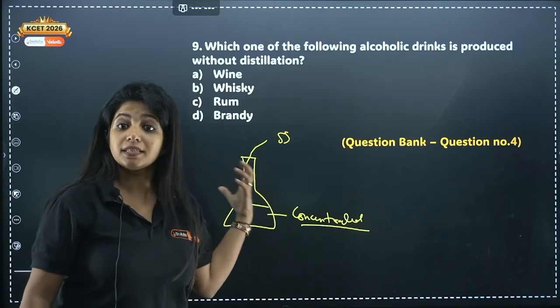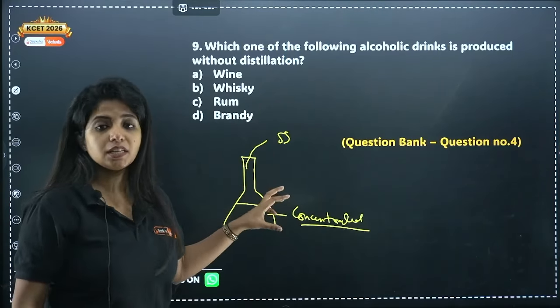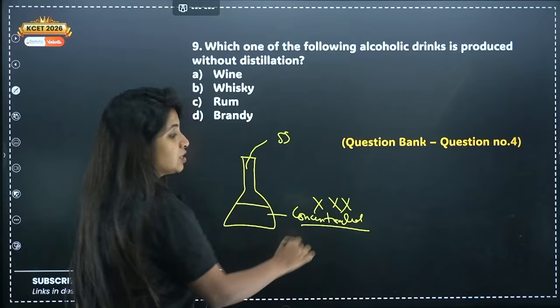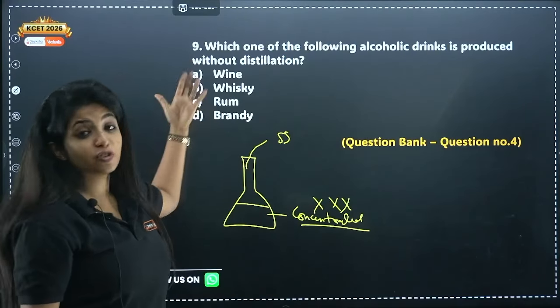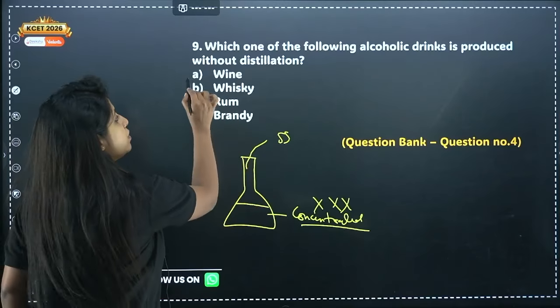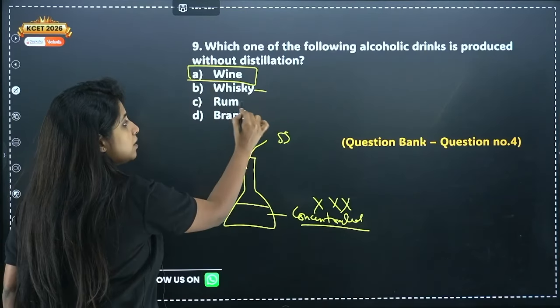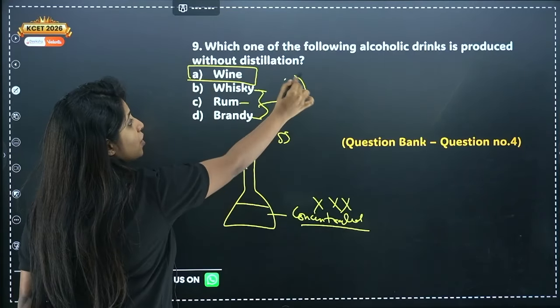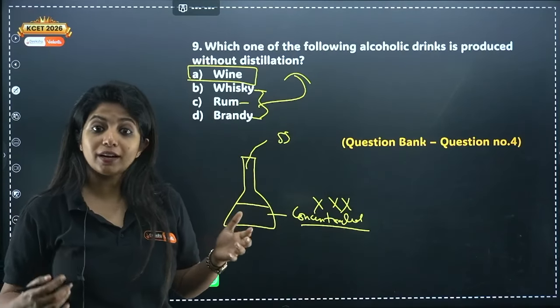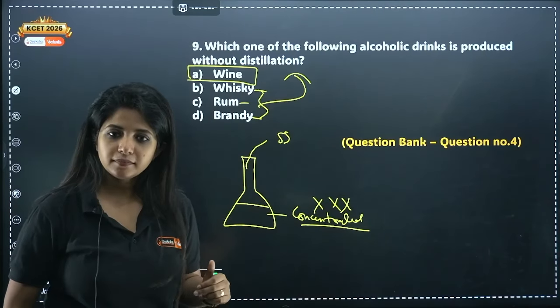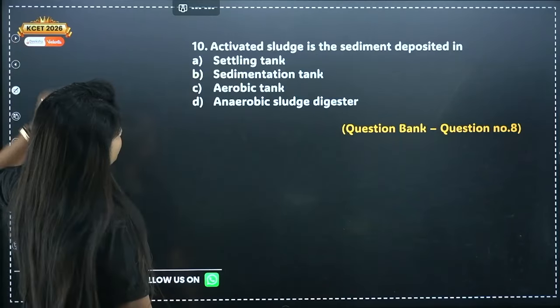If you make something without distillation, it is not going to be concentrated. So wine, whiskey, rum, brandy, which one is not concentrated? It is obviously wine. Whiskey, rum and brandy are products of distillation, which is why the concentration of alcohol is way too much. Next question.